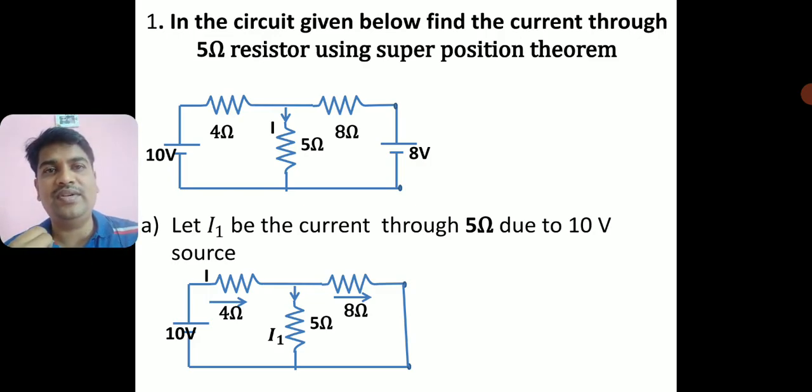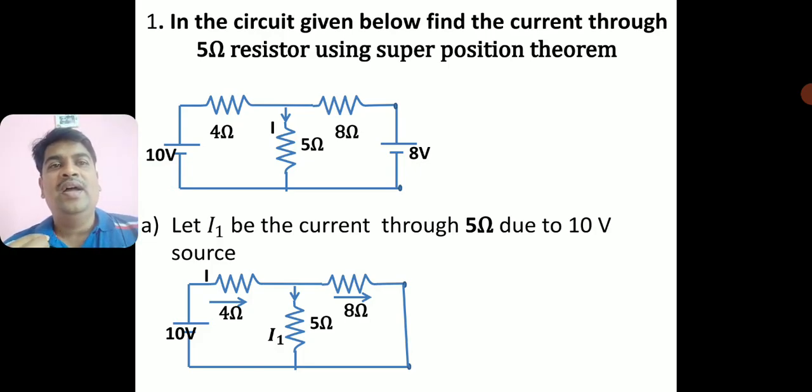I remove the 8 volt battery, short circuit it, and look for the current through the 5 ohm resistor, which I will call I1. In the second step, I retain the 8 volt battery, remove the 10 volt battery and short circuit it, and look for the current through the 5 ohm resistor. It will be I2. Then I take the algebraic sum. I1 plus I2 gives the current flowing through the 5 ohm resistor with both batteries together. That is what the superposition theorem says.